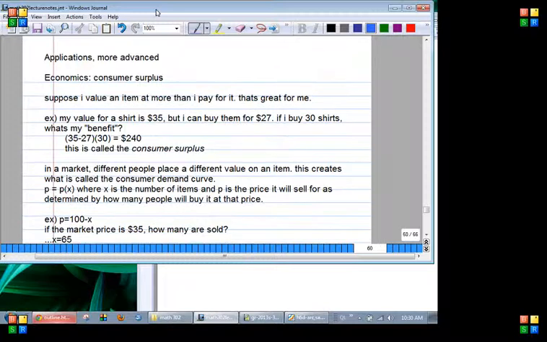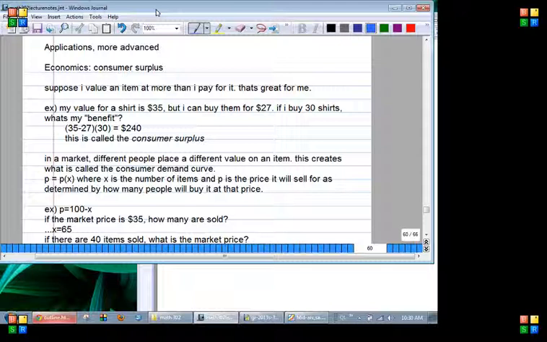So 65 items get sold, because 100 minus 65 would give you $35. Okay. Now, other way around, if 40 items are sold, what is the market price? 60. Right, and how do you know that? Because we use the item number determined by X. It's the X value. So 100 minus 40 will give you 60.